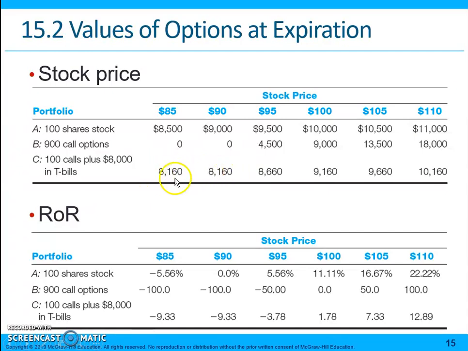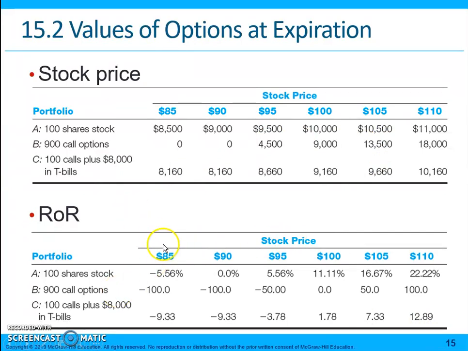You earn 2% interest on the $8,000. So you still lose, even if the stock price goes up $5, and the returns are lower than just purchasing the stock. It doesn't sound like a very smart investment.